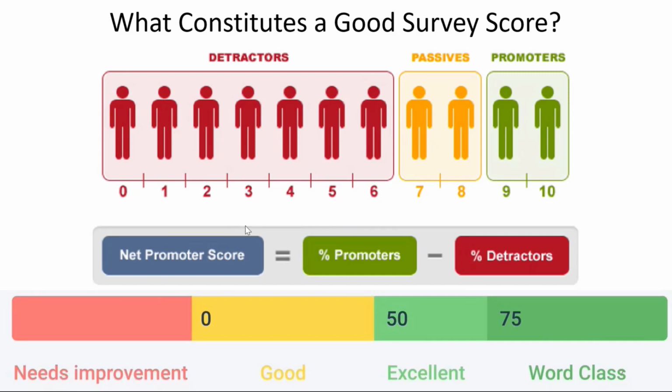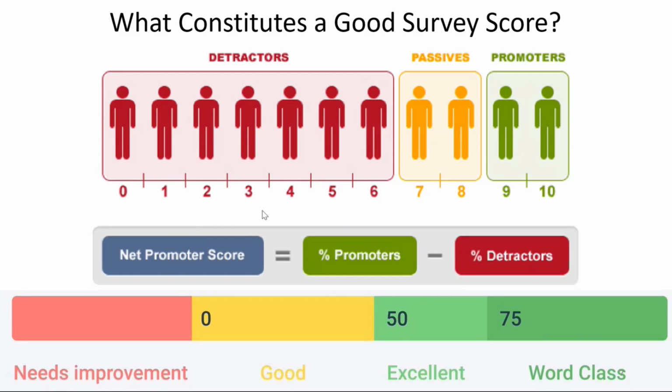Your promoter percentage is 46.6%, and your detractor percentage is 20%. Remember, even though we're adding the passives into the total number, we're not talking about them in the formula to arrive at the NPS score.